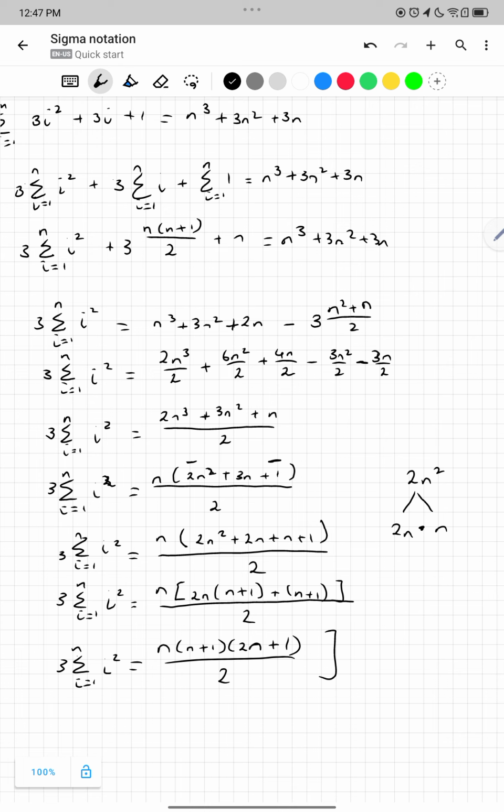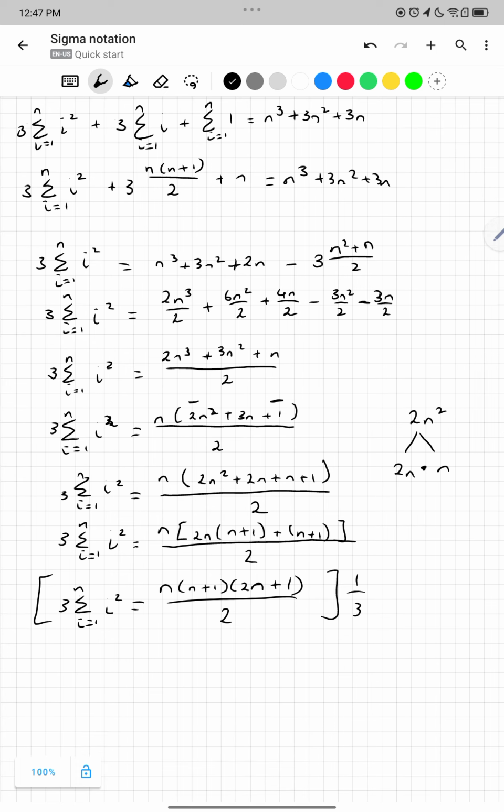So multiply both sides by 1 over 3. What do I get? I get the sum of i squared is equal to n(n plus 1)(2n plus 1) all over 6. So that's proving it using the telescoping method.